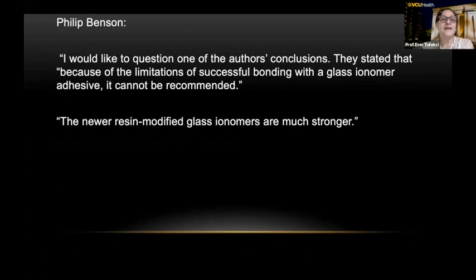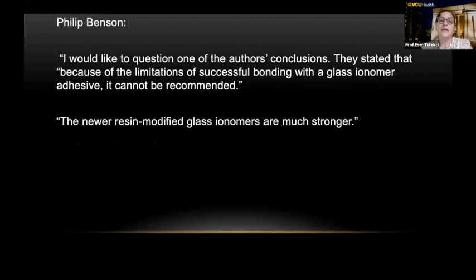And he said, I would like to question one of the authors' conclusions. They stated that because of the limitations of successful bonding with a glass ionomer adhesive, it cannot be recommended. Philip Benson went on and said the newer resin-modified glass ionomers are much stronger.